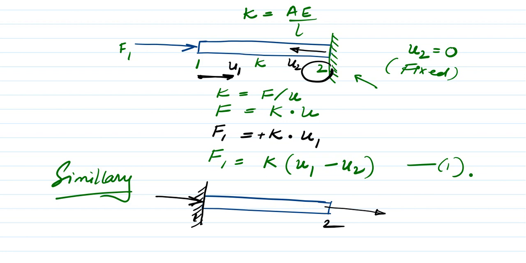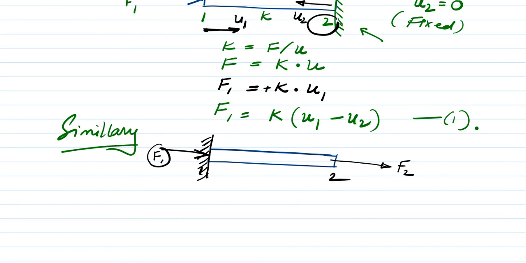So here it will be U2, and here it was U1. There is no consideration of F1 because it is fixed. The displacement at 1 will be U1 and at 2 U2. Now you can write the equation for F2: F2 is equal to K into U2, because along the load the displacement U2 will be produced.